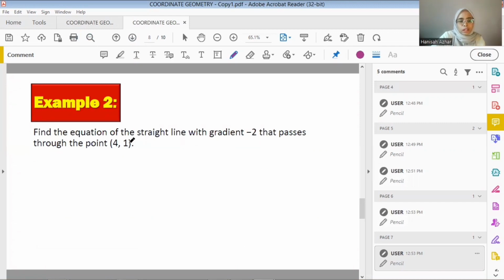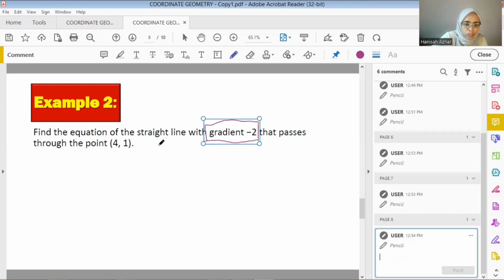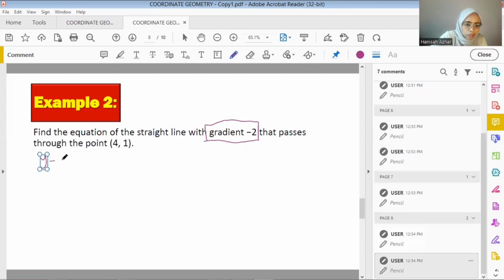So we go to the example. Find the equation of the straight line with gradient negative 2 that passes through the point (4, 1). The gradient is given here, m equals negative 2. So we just write the formula y minus y1 equals m(x minus x1).